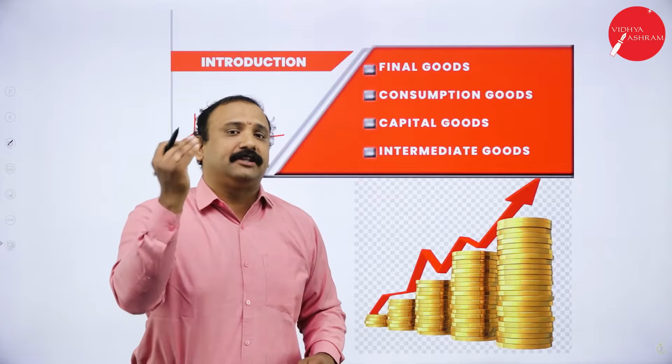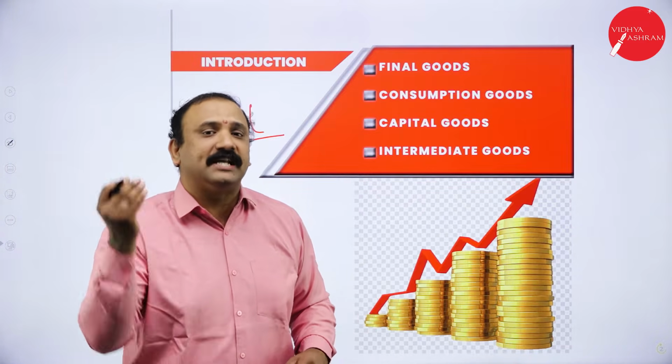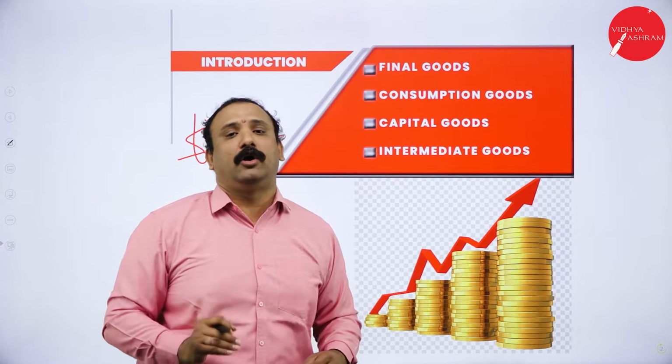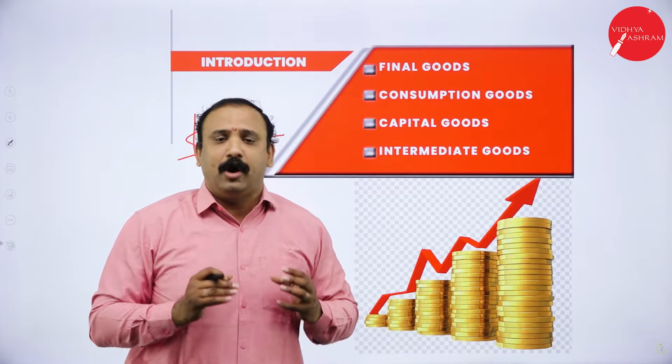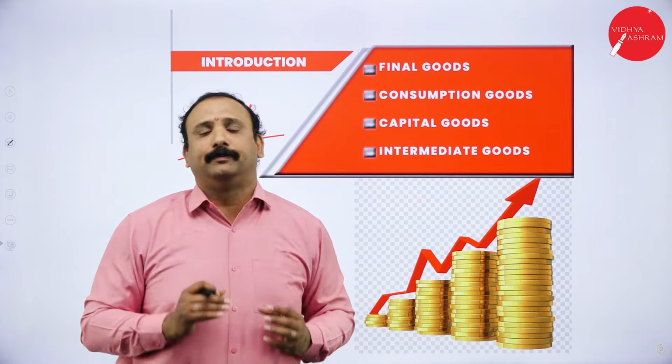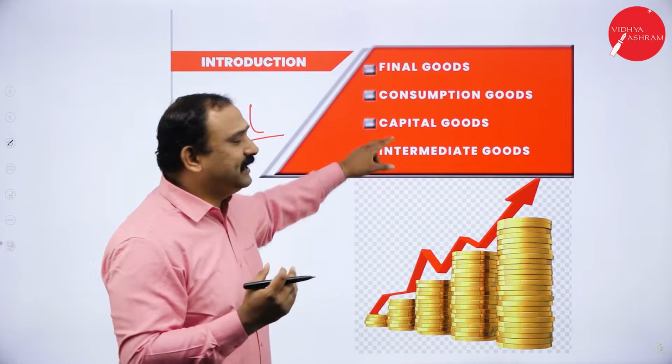Similarly, what is the capital good? Capital goods are the goods, or rather the factors, which are used as an investment altogether. Now, if I want to manufacture a pen or a toothpaste, I need money. For that factor, we bring in the capital goods.